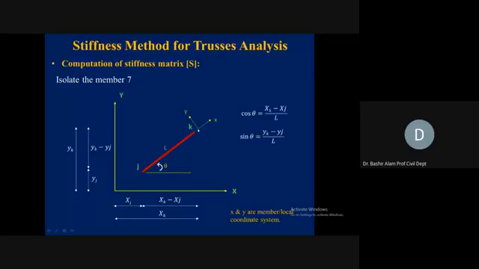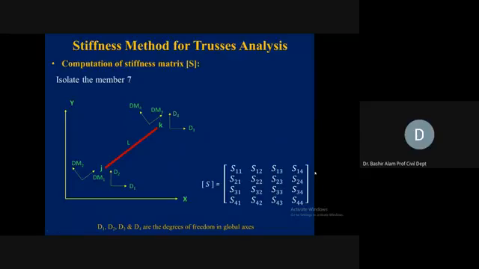And here you can see the local axis system and the global axis system also. Next, computation of stiffness matrix S. So we have isolated member 7 now. This is member 7 now.